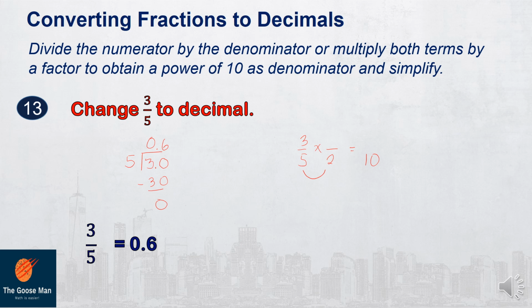So, meaning to say, 3 times 2 is the same as 6. But take note that 6 over 10, meaning to say, I have the decimal point, I'll simply move one space to the left. So this is the same as 0.6.